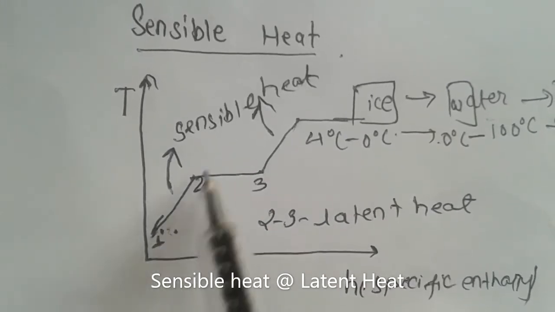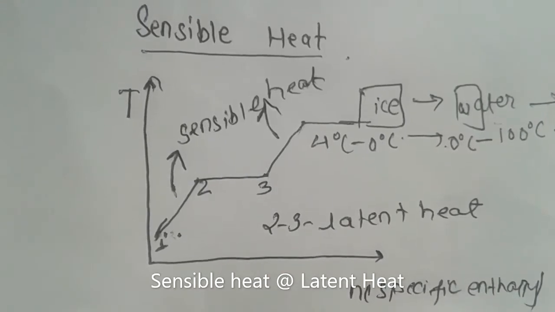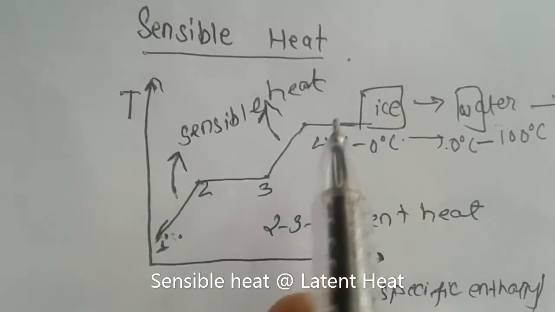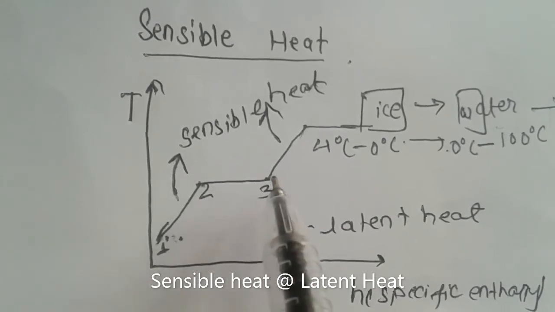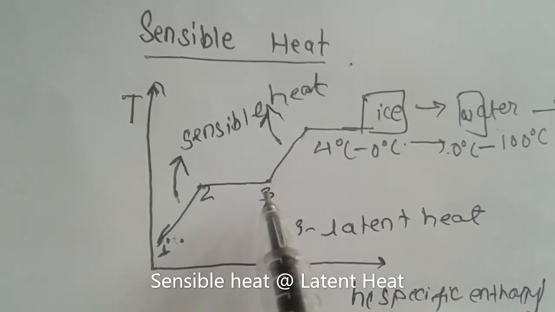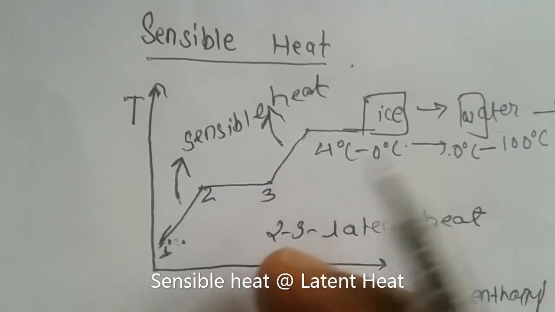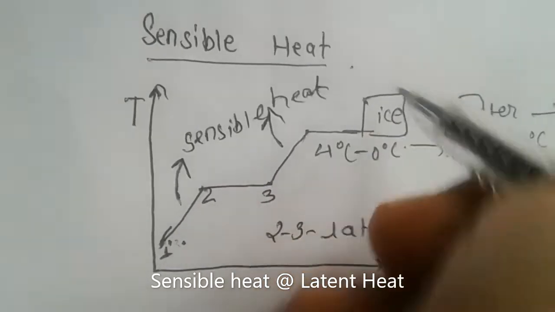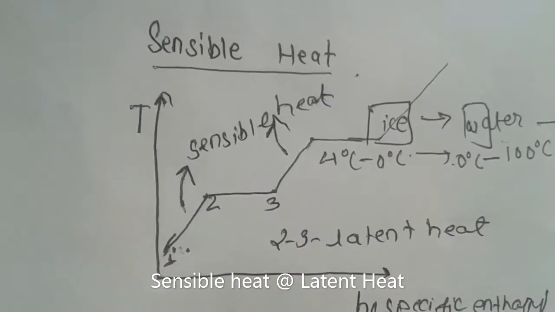Here it is the latent heat of the substance, and this is the sensible heat of the ice. Here it starts melting, and it melts at 0 degrees Celsius. It becomes water at 0 degrees Celsius, then again steam, and again the temperature rises, and so on.